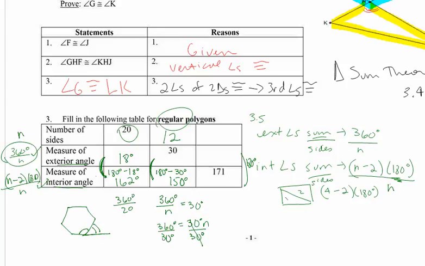In the last column, I gave you the measure of an interior angle. The easiest way to start is to know that interior and exterior angles individually add to 180. So this should be 180 minus 171, which is 9 degrees.